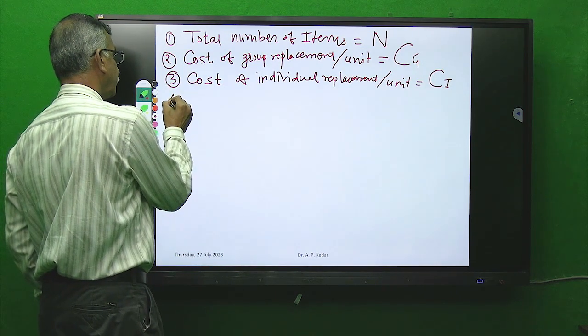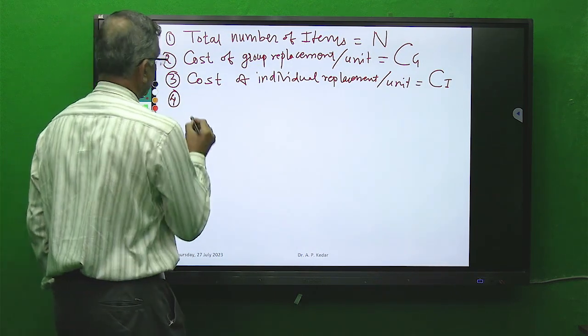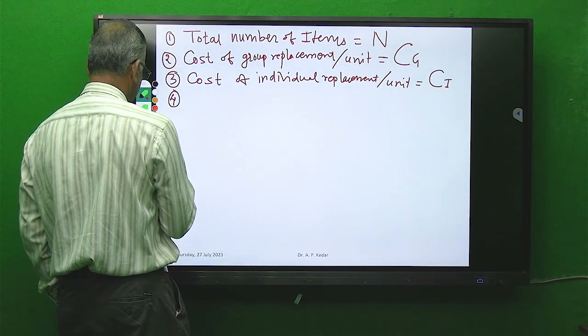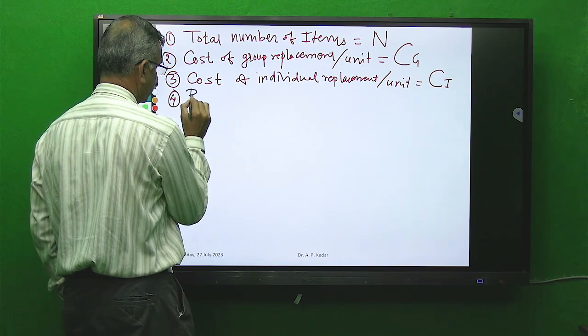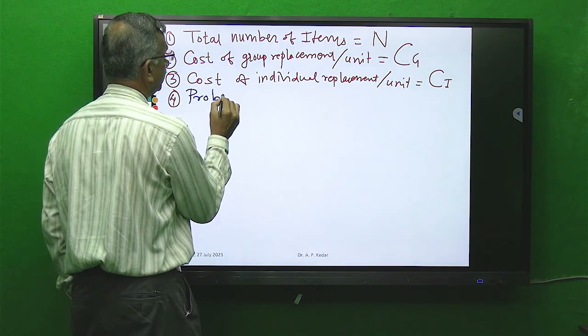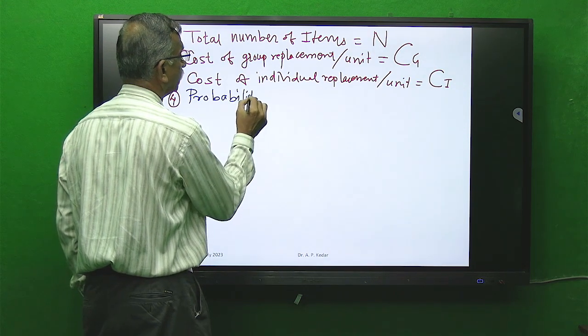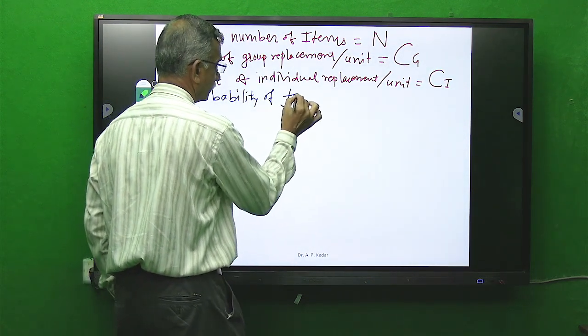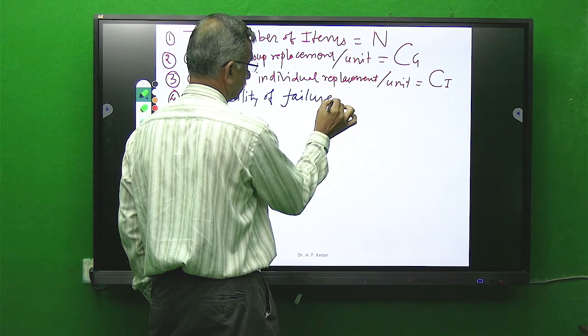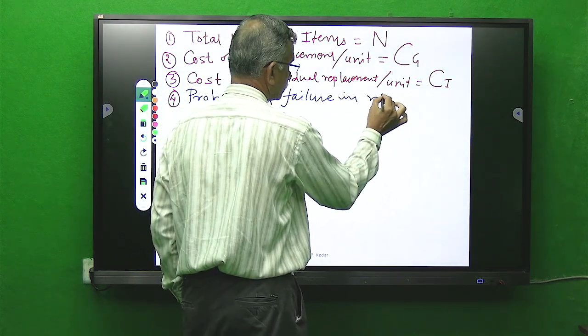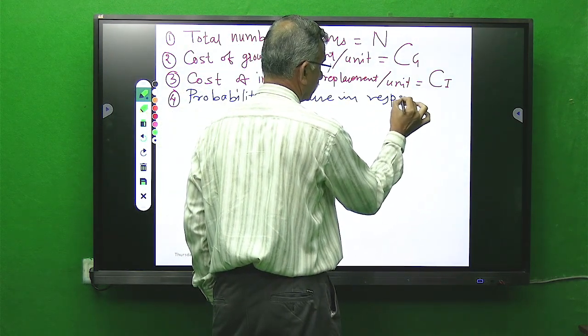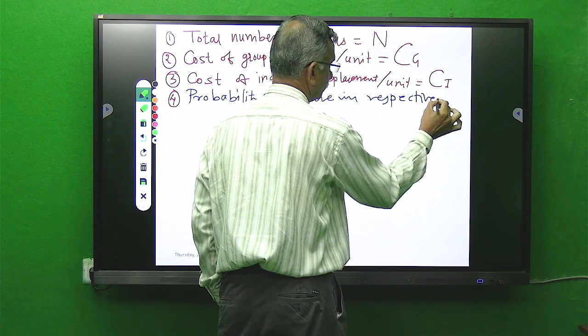Then the important data we need, that I will highlight with another color: the probability of failure in the respective period.